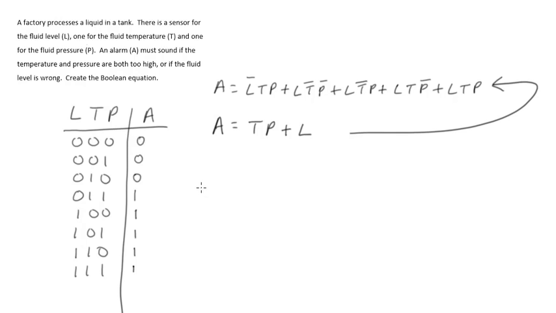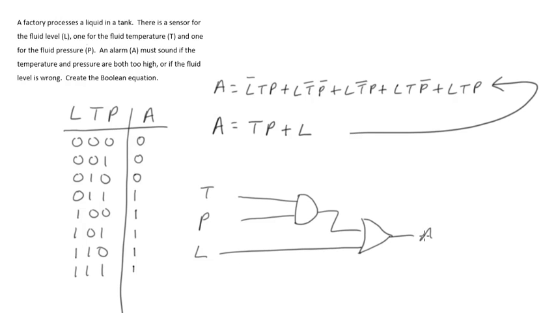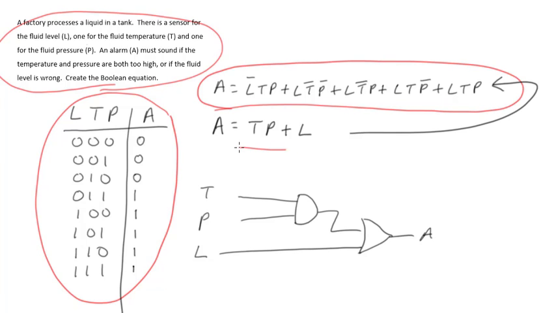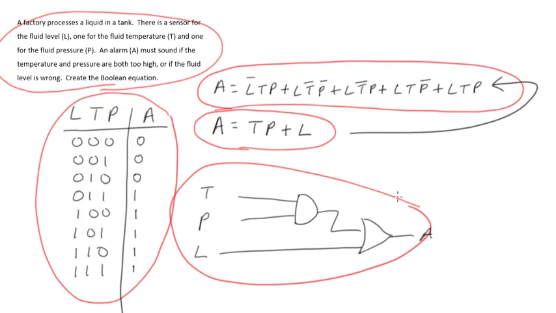We need inputs T and P and L. T and P are going to be ANDed together, and the output of that AND gate is going to be ORed with L, and the output for the entire circuit will be A. So this word problem gave us this truth table, which gave us this equation, which we could simplify to this, and from that equation we got that circuit.